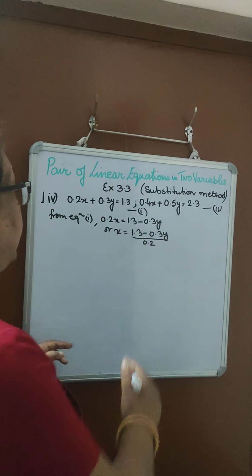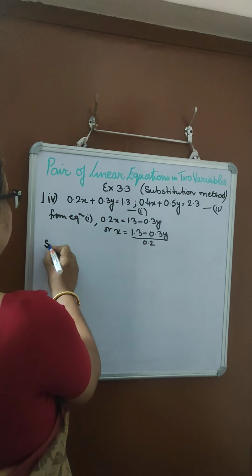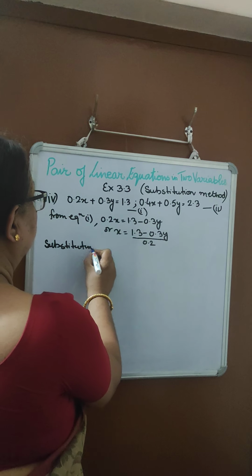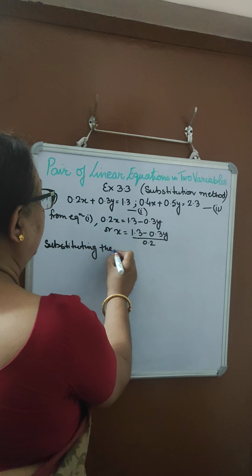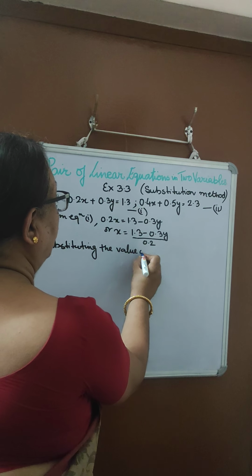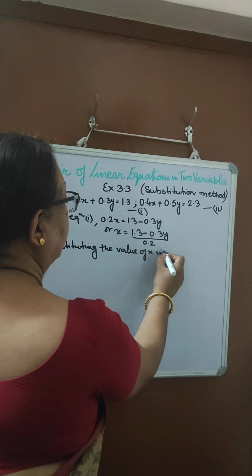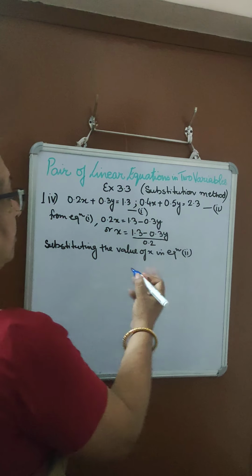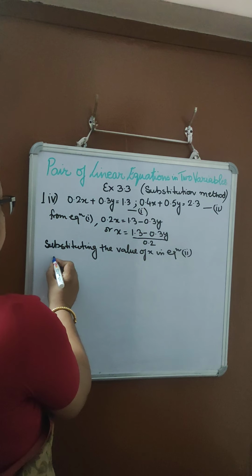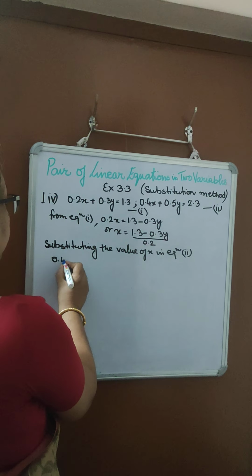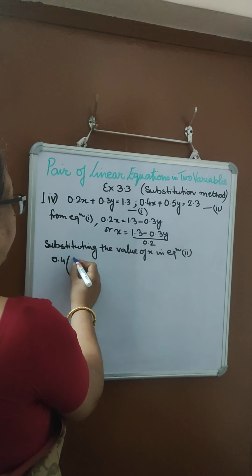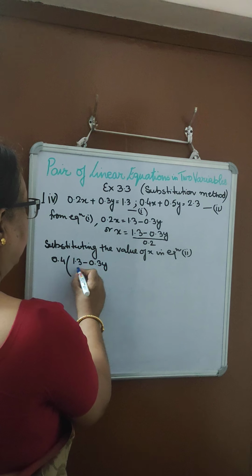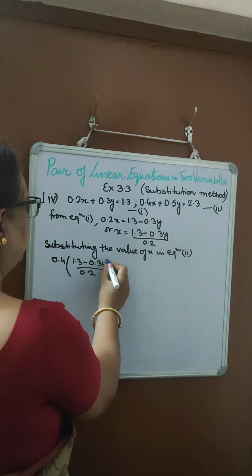Okay, so we write substituting the value of x in equation 2. What we get? 0.4 x is this full value, (1.3 minus 0.3y) by 0.2.